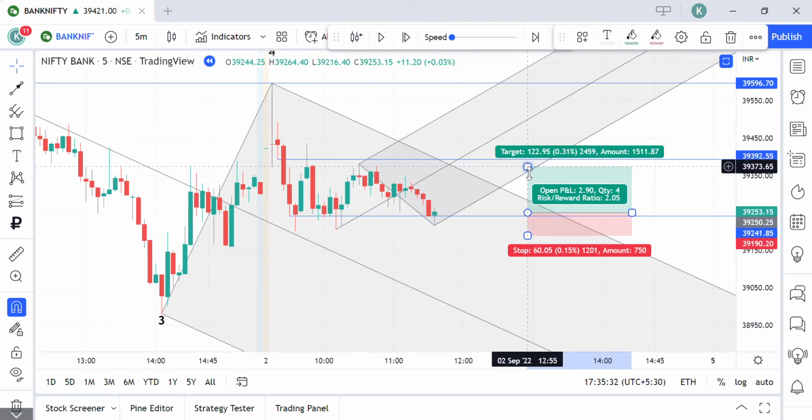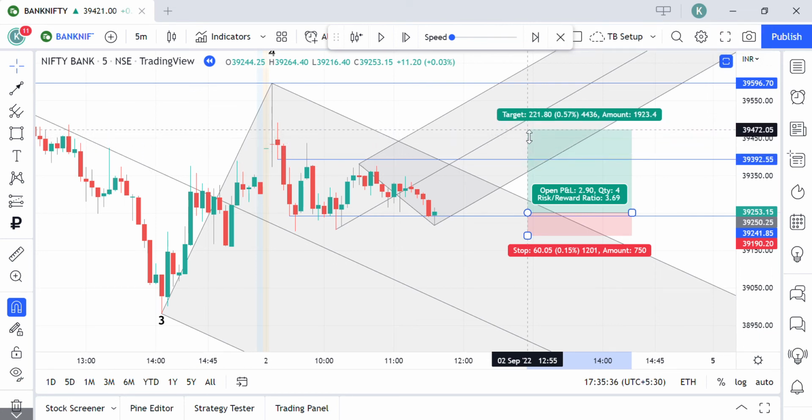And to get an optimal risk reward ratio, we make it 1:3 or 1:4.